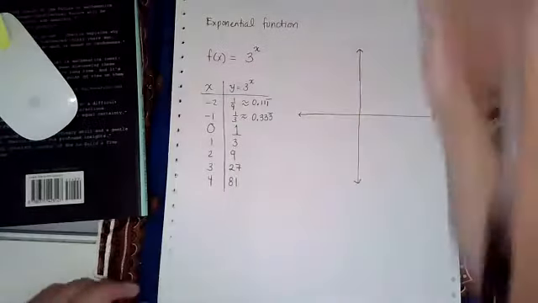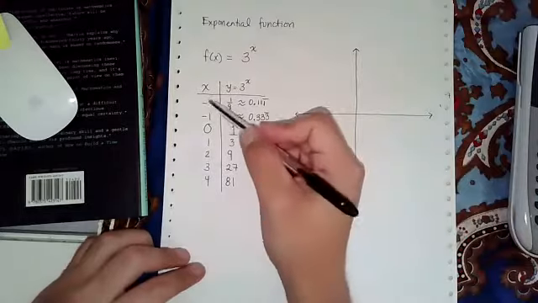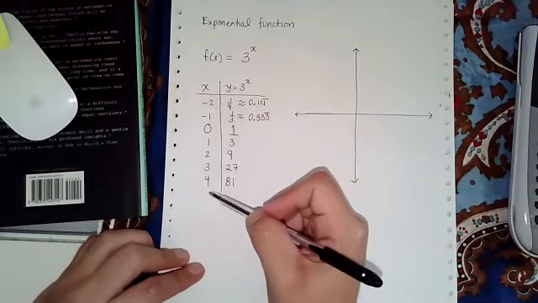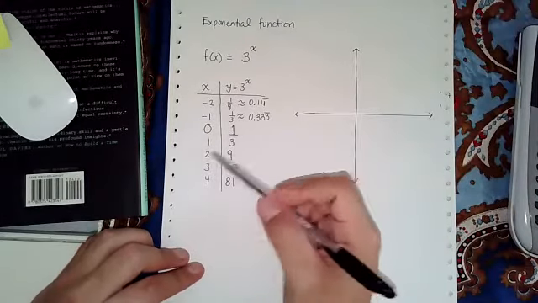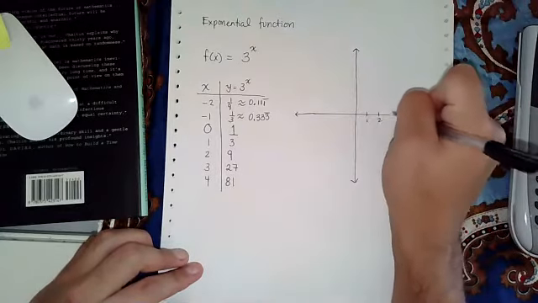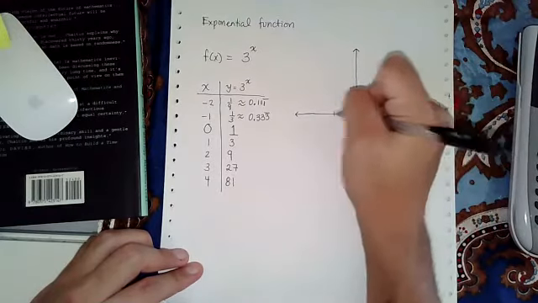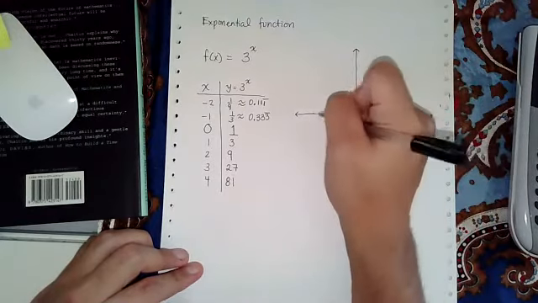Let me turn the light back on. I'm going to leave the scale of my x-axis at 1: 1, 2, 3, 4, and then -1, -2, -3.